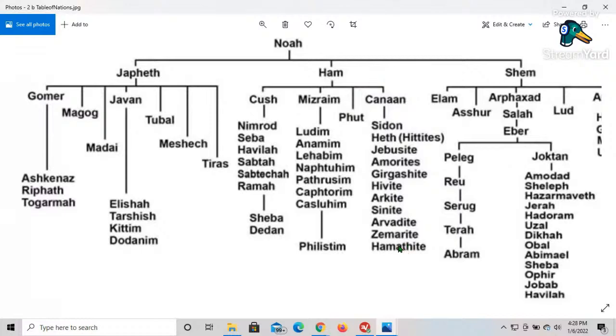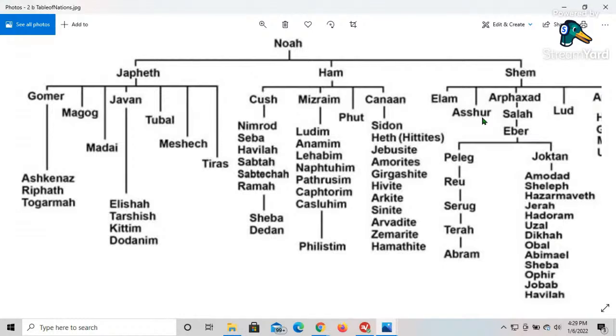Canaan, all the Canaanites, Girgashites, Hittites, Arkites, Sinites, Arvadites. And then we have the Semitic populations, which is Elamites, Assyrians, Asshur. Remember the god of the Assyrians is Asshur. The reason why Asshur is the god of the Assyrians is because Asshur is the progenitor of the Assyrians.